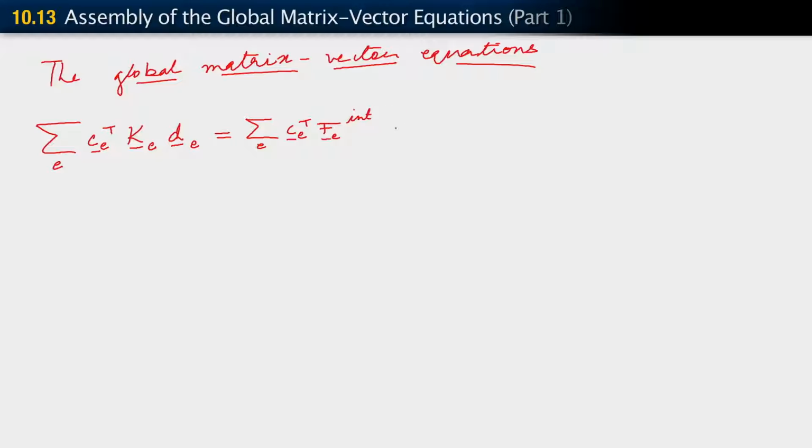plus sum over i, right, over the spatial dimensions, sum over the elements that have some part of their element boundary as coinciding with the Neumann boundary of the problem, right? And then for such elements we have a sum over the nodes, actually over all the nodes, right?